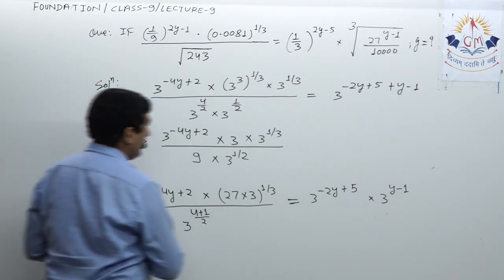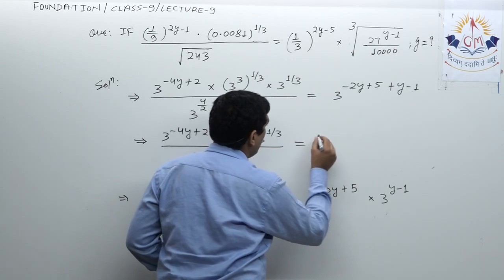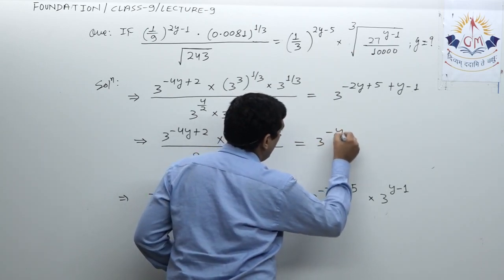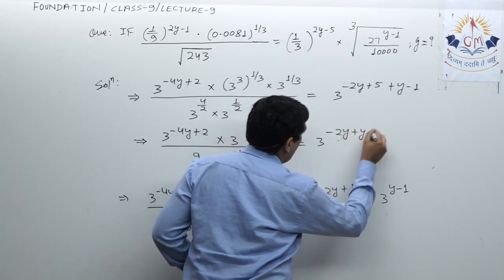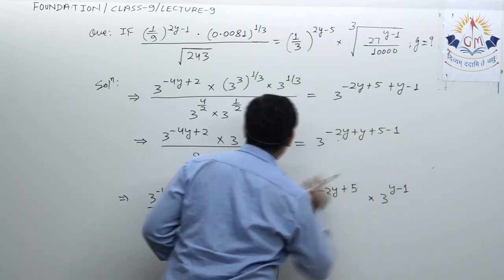Okay, now is equal to, on the right hand side we have 3 raised to minus 2y plus y plus 5 minus 1.